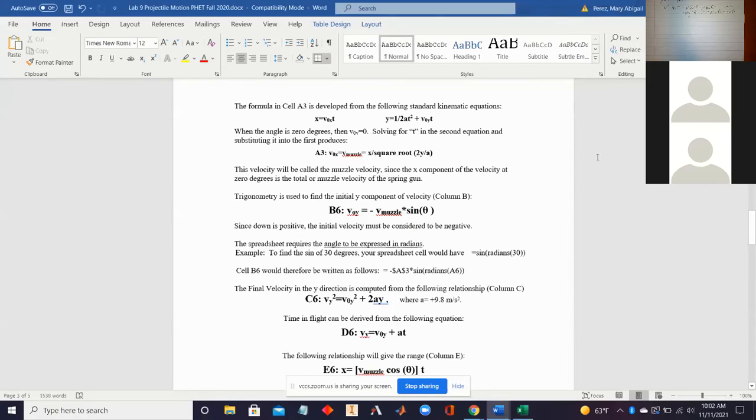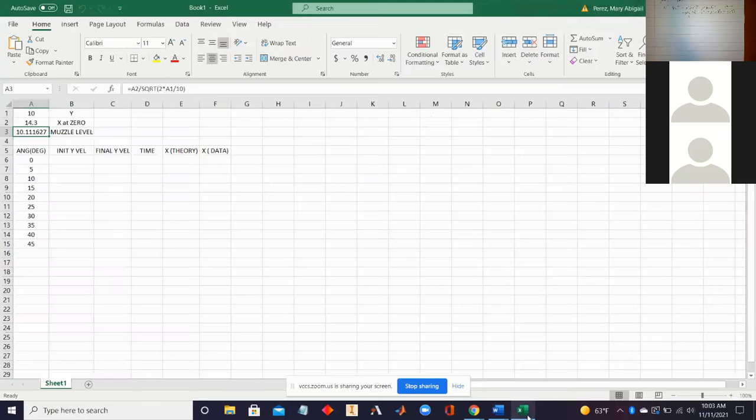Okay. So that's the lab. Were you able to put in all these numbers and get the first 3 lines of that spreadsheet that they show you, maybe a half page down from here? Yeah, I'm calculating it wrong. I can tell because of the muzzle level.